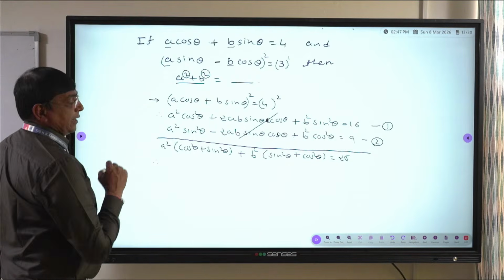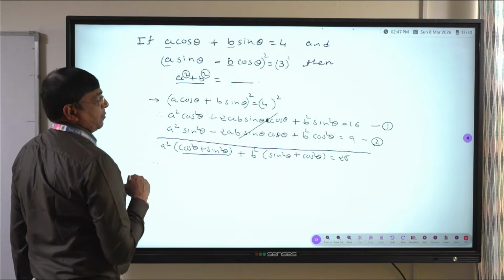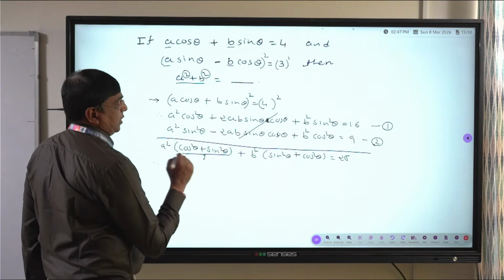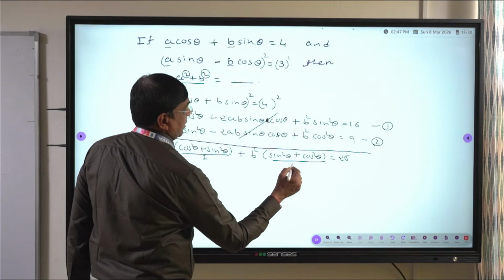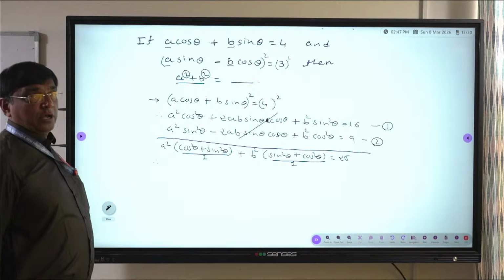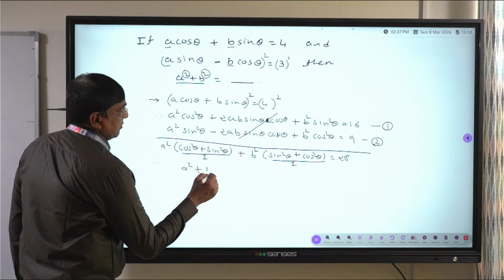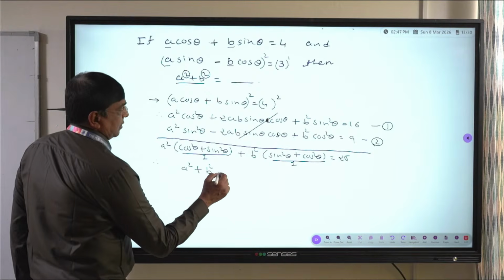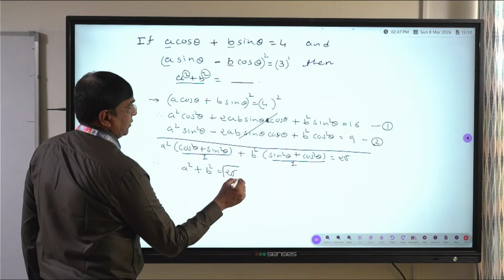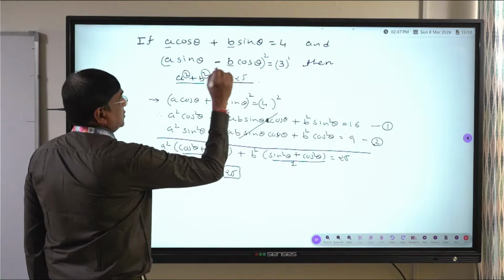Now you know the identity: cos square theta plus sin square theta equals 1. Again sin square plus cos square, that is 1. A square into 1 is A square, B square into 1 is B square. Equals 25. So 25 is your answer.